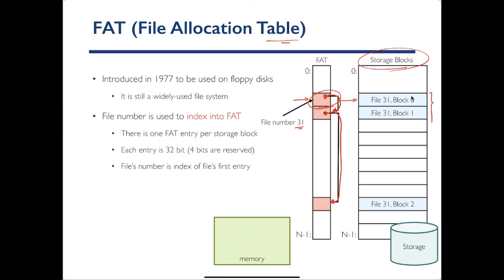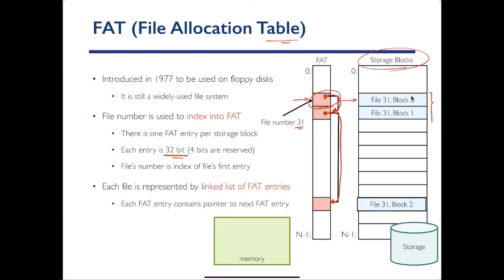Each FAT entry is 32 bits. 4 bits out of these 32 bits are reserved, so we can't use them, but the rest of the bits we can use. And as I mentioned, each file is represented as a linked list of FAT entries. Each FAT entry has a pointer to the next one.